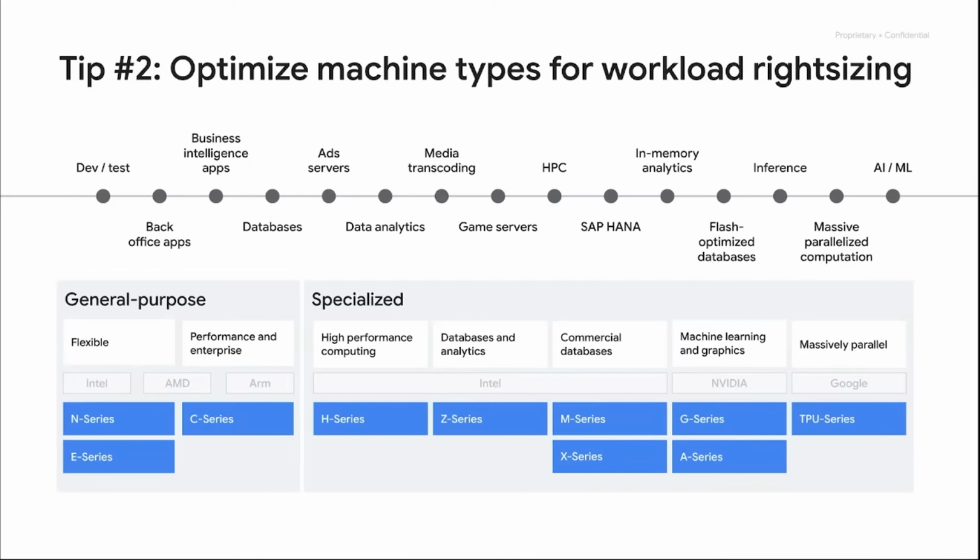If you are just using it for dev/test or something like that, you can use, for example, the E-series, which are really cheaper. So we have different types of machines that you can choose for different types of workloads. If you use the correct machine with the correct workload, you're going to save some money here.